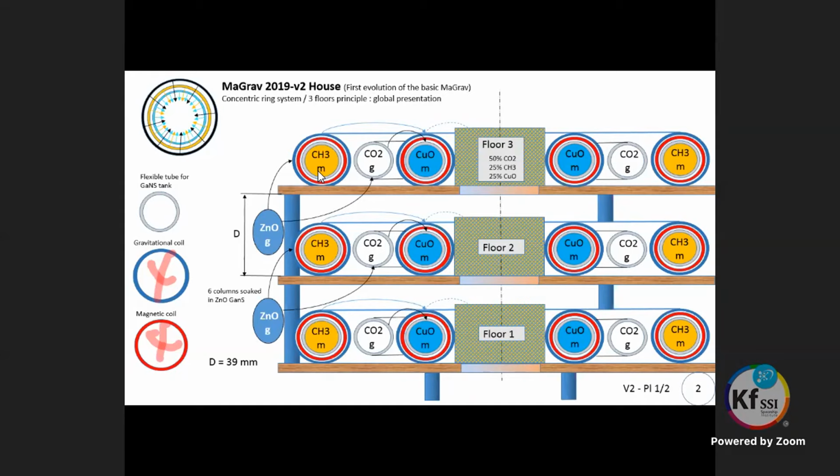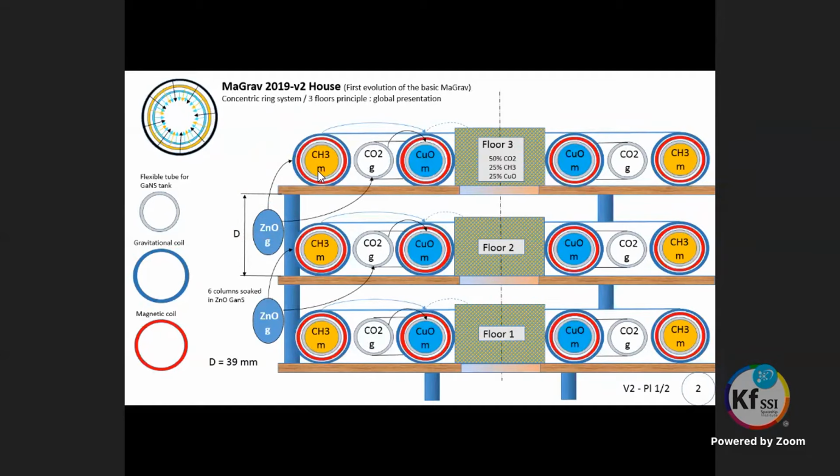Yes. But what I want to explain, this magnetical still has gravitational too. Of course. Gravitational has magnetical too. Okay, this is the outside coil, this is the inside coil. I know that.